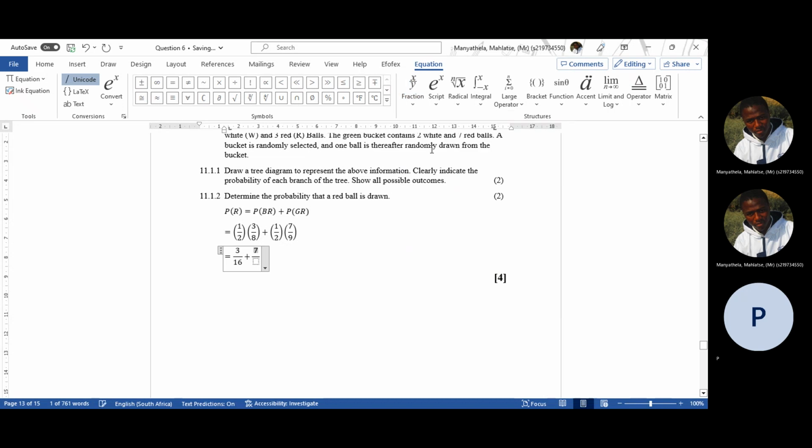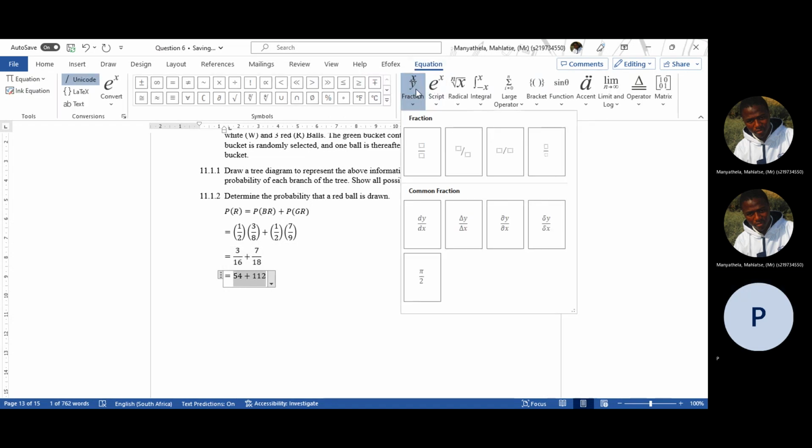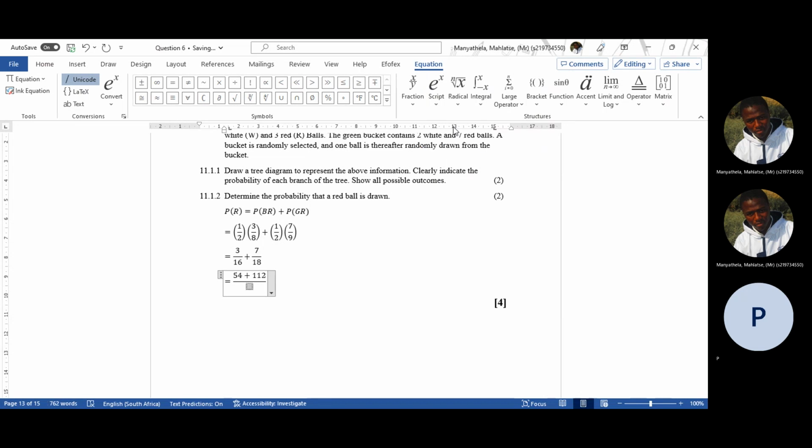So this one will multiply this one, and then multiply. Equal to 3 times 18, it's 54. And then plus 7 times 16, which is 112, all over 16 times 18.